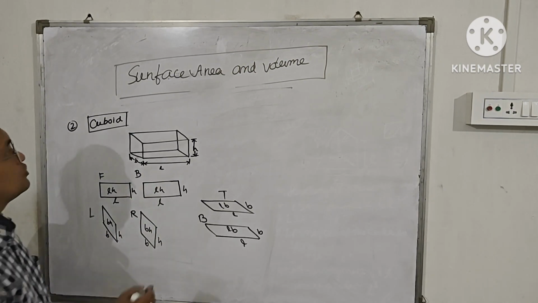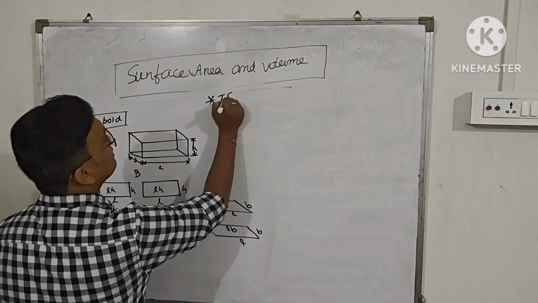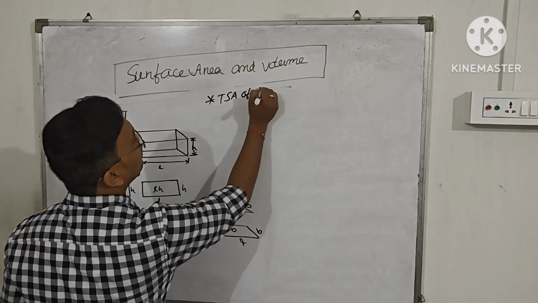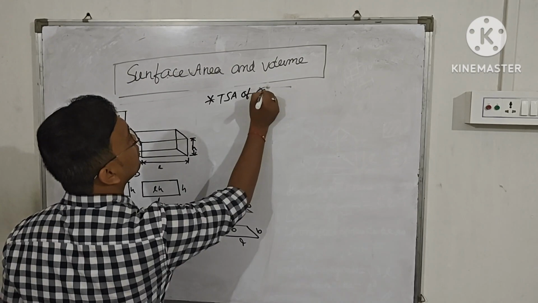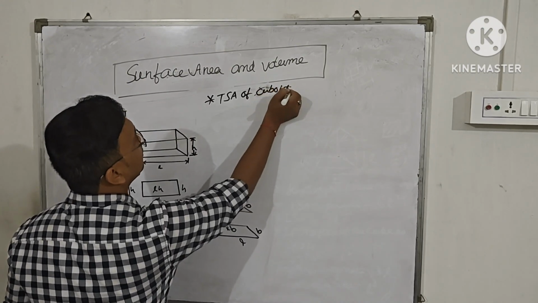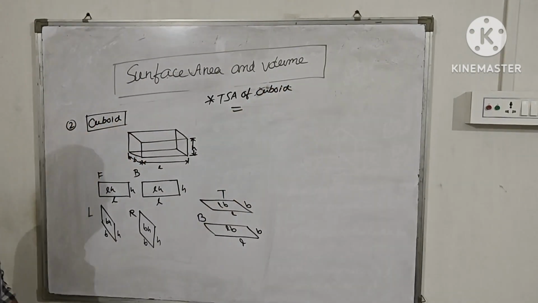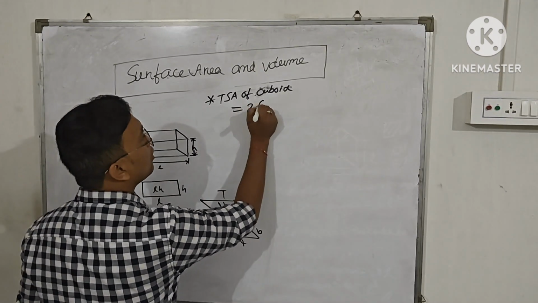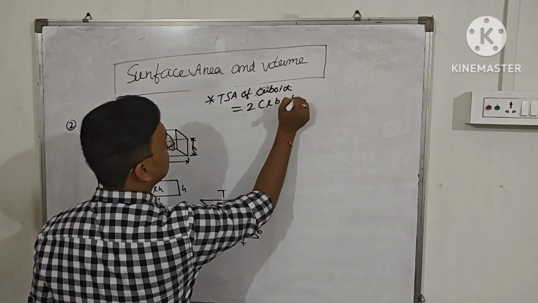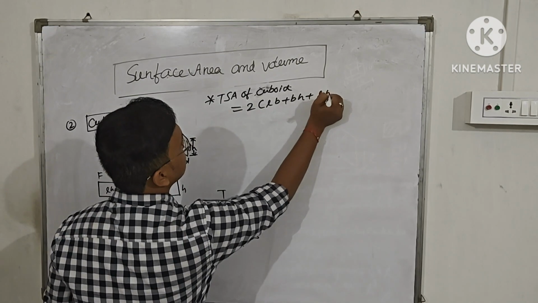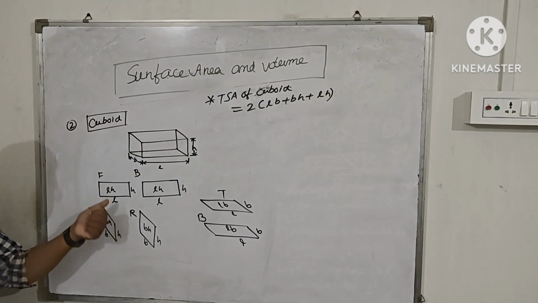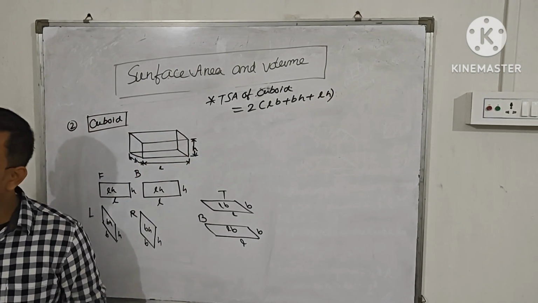So the total surface area of the cuboid will be 2 of LB plus BH plus LH, because each area appears 2 times.